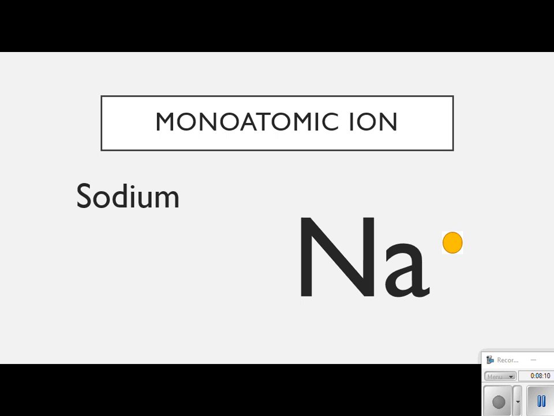So it has 1 valence electron, correct? Now, metals want to get rid of electrons, so this sodium is going to get rid of that electron to give it a +1 charge. So sodium is a cation. The sodium ion is +1, a cation.